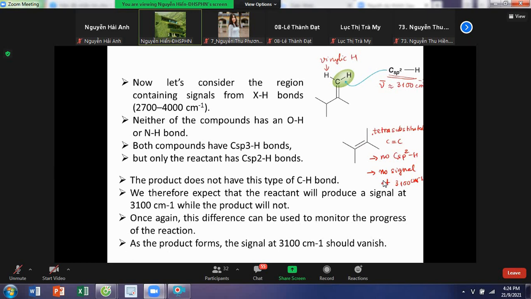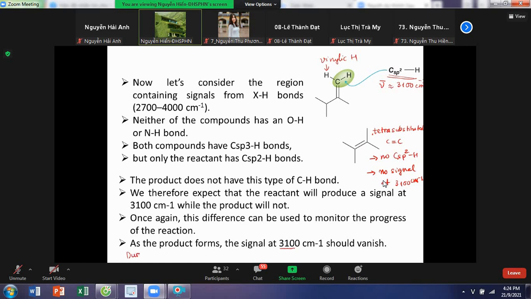When all the starting materials have been converted to the products, then the signals at 3100 will disappear completely. So during the reaction, you may see the change in the intensity of these signals.